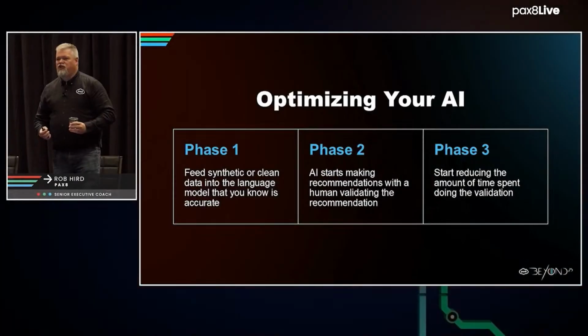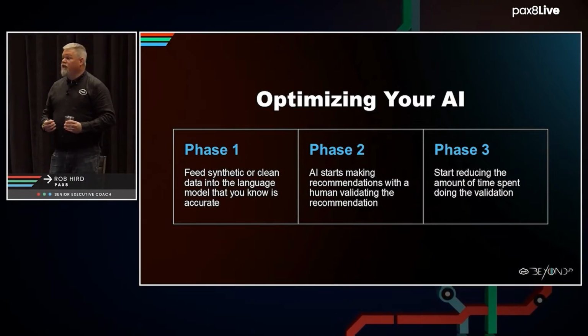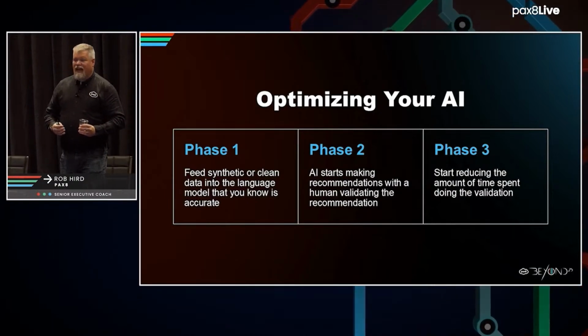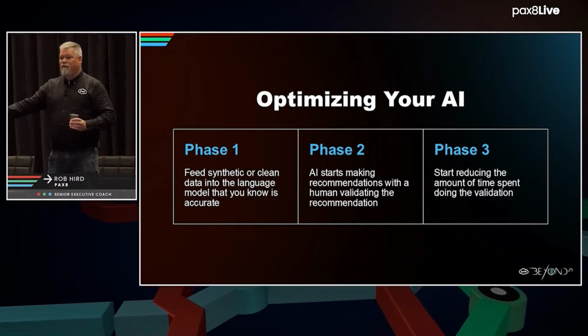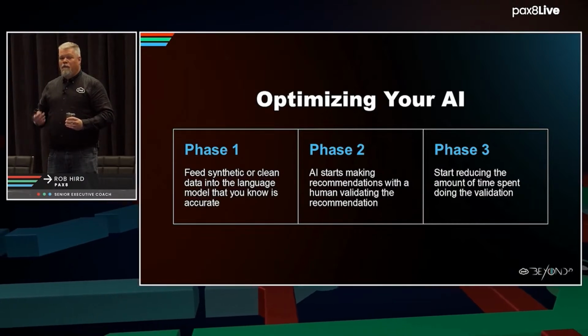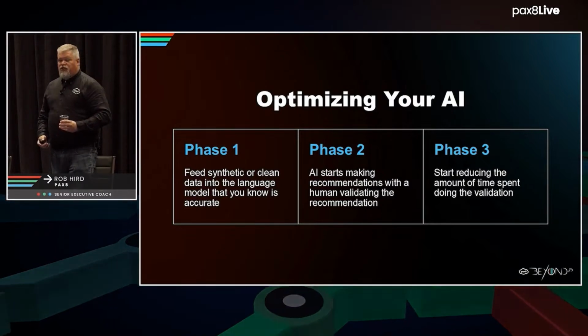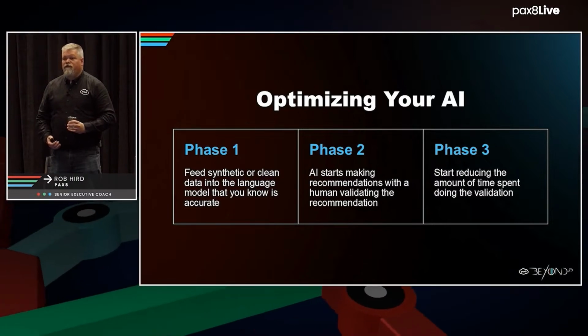So as we roll out data and we roll out AI, we need to train it. And then what's phase two? Phase two is allowing AI to make recommendations, but we're the ones who are validating it. Okay? We think about this like an intern or job shadowing, right? We allow AI to prompt us and to help us, but we are here to say yes or no. There is a term, it's RLHF, it's reinforced learning with human feedback.